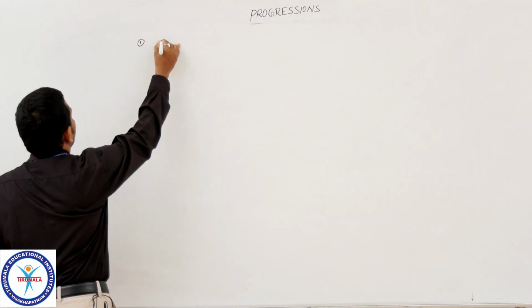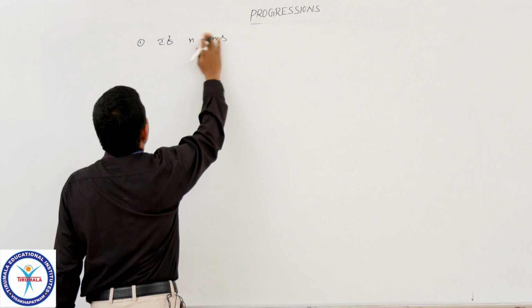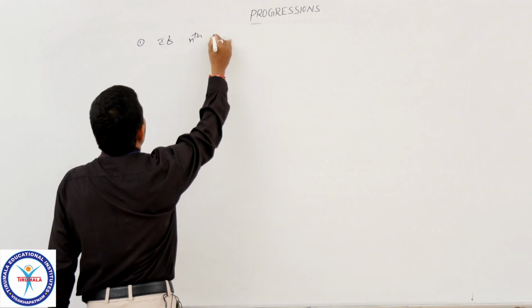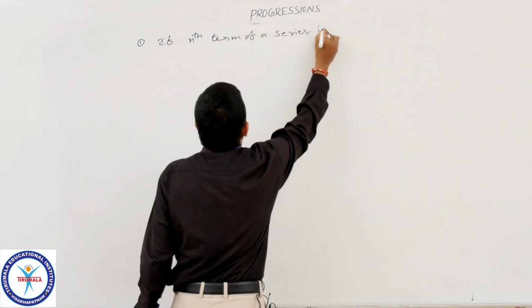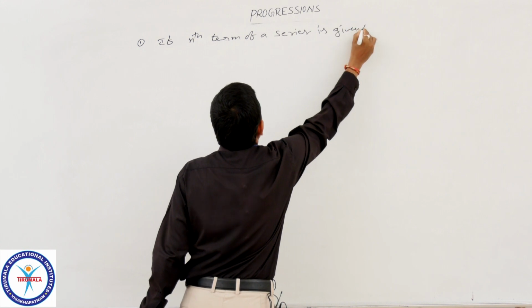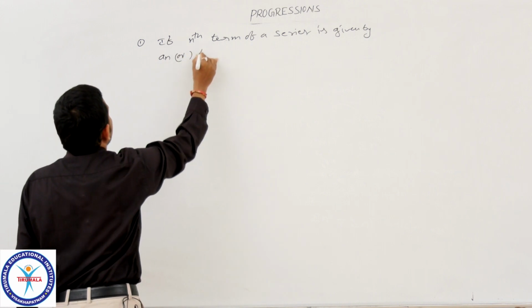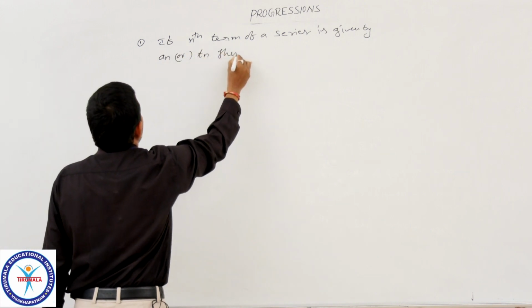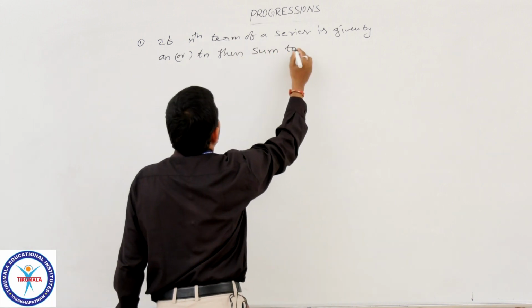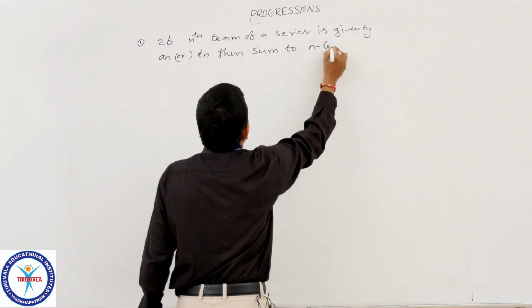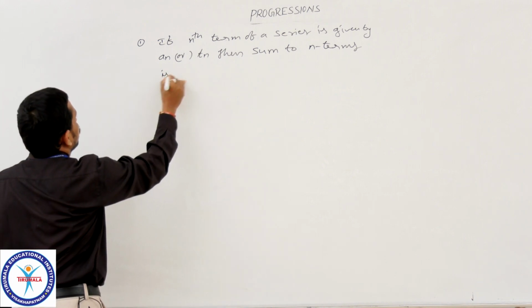Suppose the nth term of a series is given by An or Tn, then the sum to n terms is found as follows.